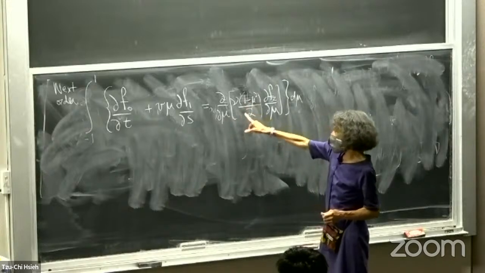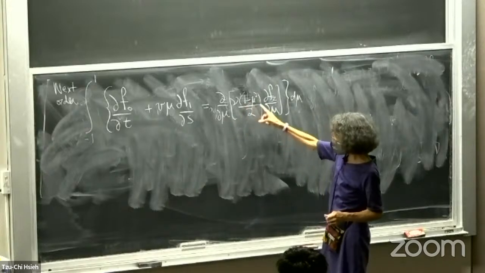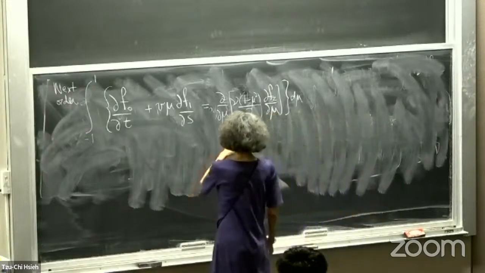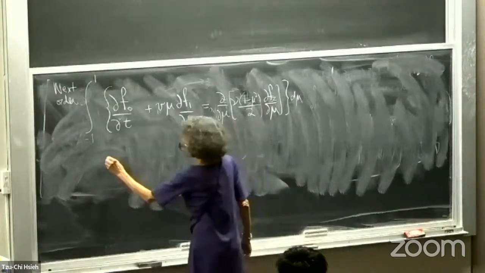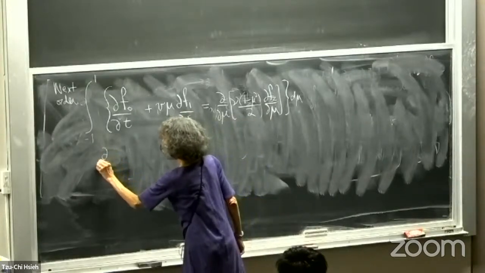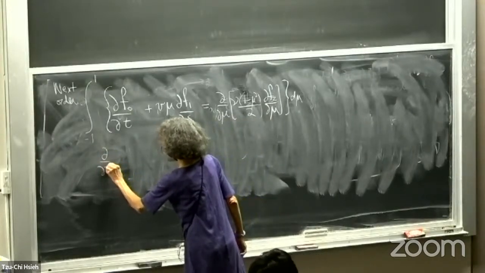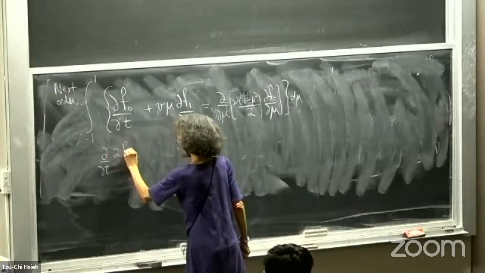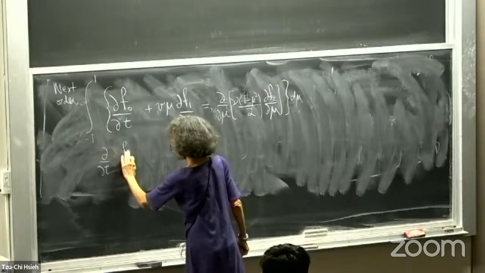The quantity that's being differentiated vanishes at mu equals plus or minus 1. So the right-hand side will be 0, and we'll just get d by dt of 2 f naught. Let's put the 2 out here.